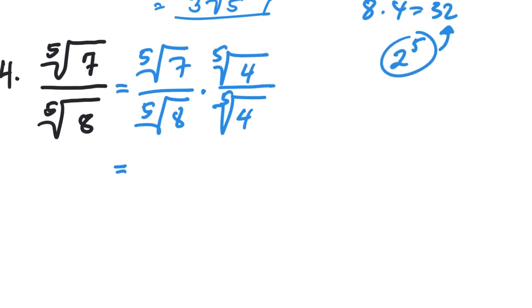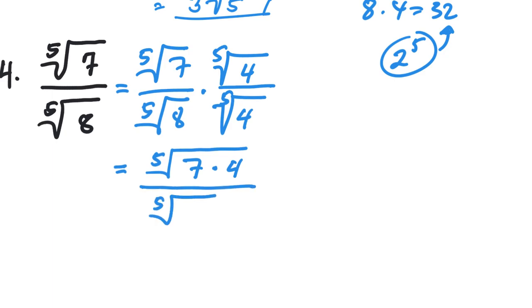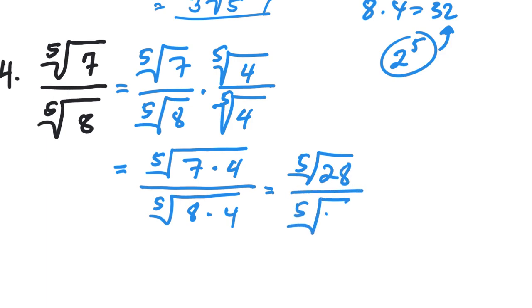So on the numerator, this is going to give you the fifth root of 7 times 4 all over the fifth root of 8 times 4. And that is going to give you the fifth root of 28 all over the fifth root of 32. Now, we know that the fifth root of 32 is 2. So we're just going to leave our answer as the fifth root of 28 all over 2.